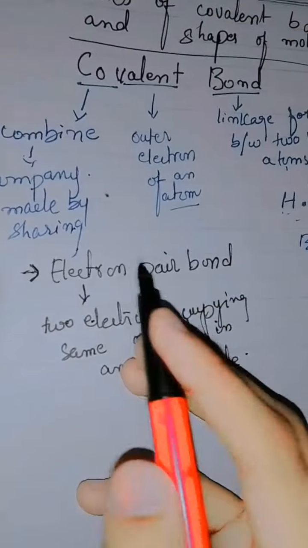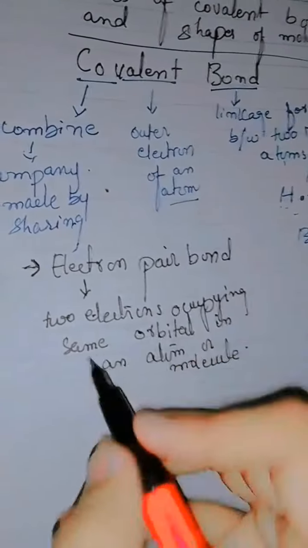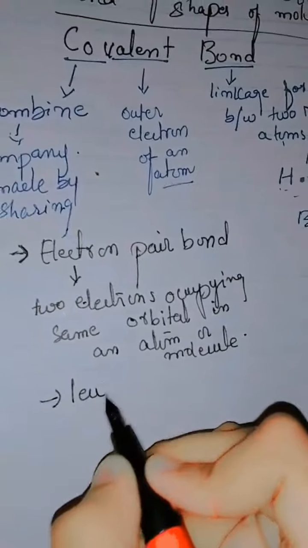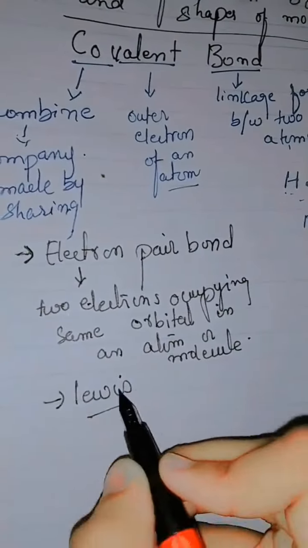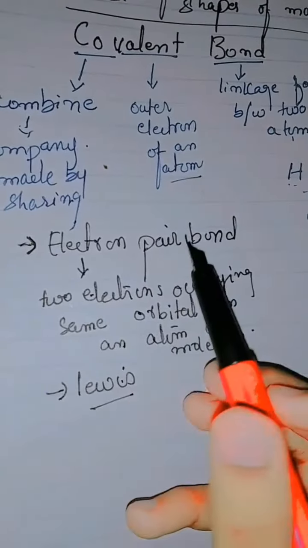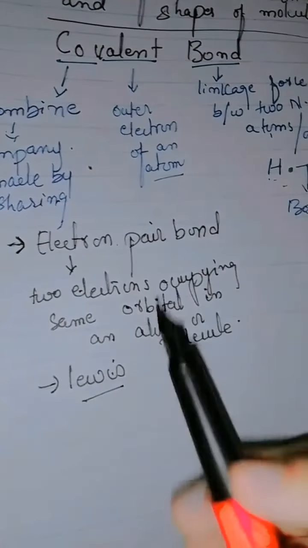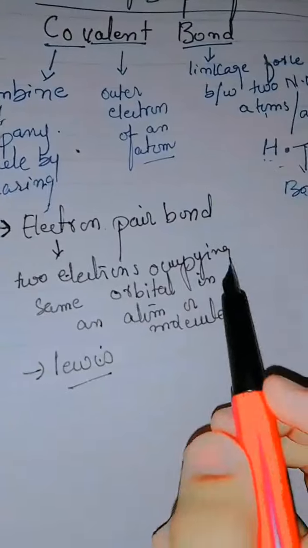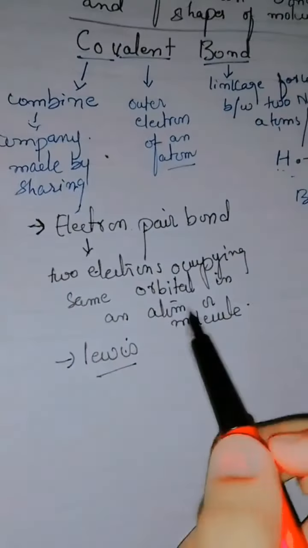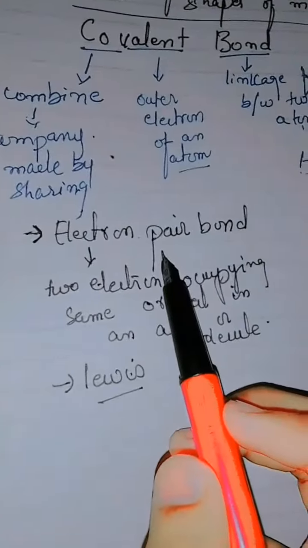And the concept of electron pair bond is given by Lewis. He was a scientist who gave the concept of electron pair bond. Electron pair means the two electrons occupying the same orbital in an atom or molecule.